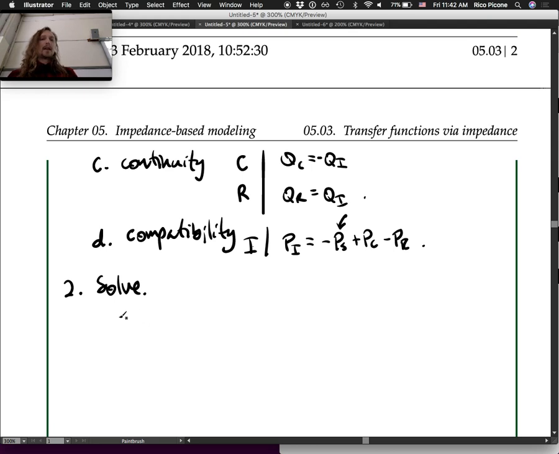Our PI equation says that QI is equal to 1 over ZI times PI, right? But we're going to plug in this compatibility equation instead. So negative PS plus PC minus PR. So we need to eliminate from this PC and PR.